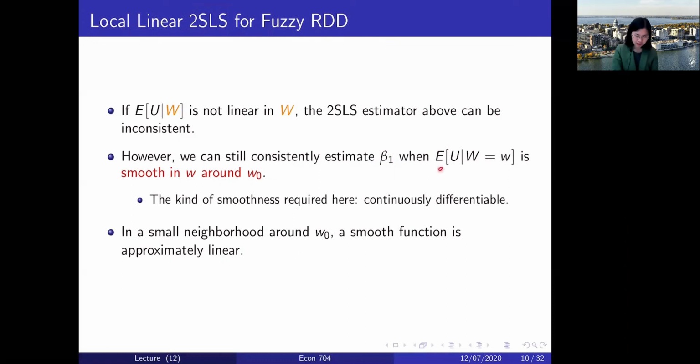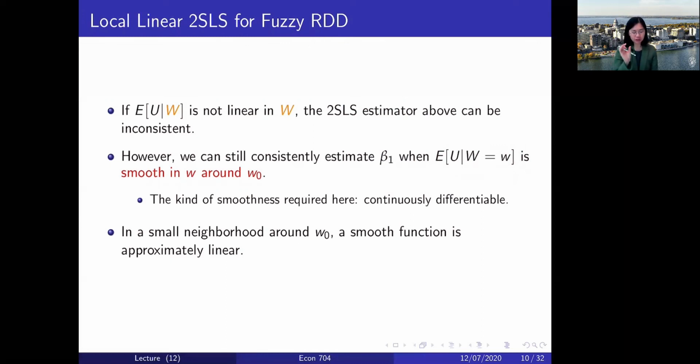If that function of little w is continuously differentiable, then in a small interval around W0, this function is approximately linear. So that suggests we can restrict our sample to individuals with W in a small interval around W0.